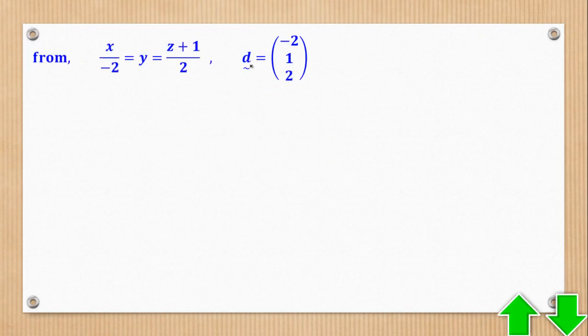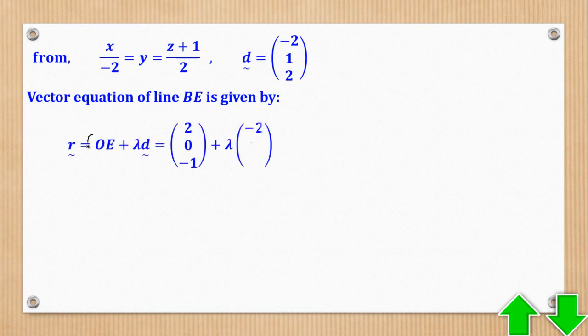Okay, with that sketch we shall come and say, let us first get the direction vector of this given line. Here the direction vector is this 2, here this over 1. So it's negative 2, 1, 2, which is that. Then vector equation of line BE. I think you know that for a vector equation we need a direction and a point. So we need a point on the line and this direction.